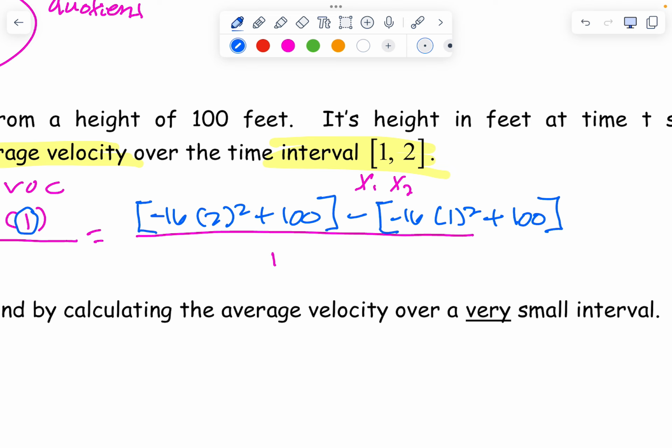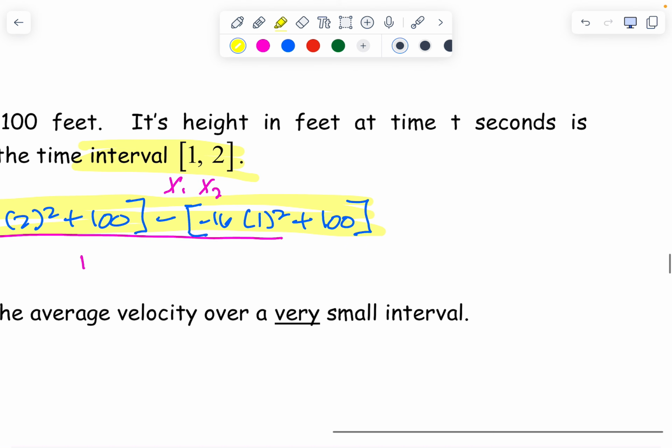So what I want you to do, because we know divided by 1 is understood, on your Desmos calculator, everybody type this in mindlessly. Again, bracket is another set of parentheses. And it should give you a clean whole number that is a negative value.